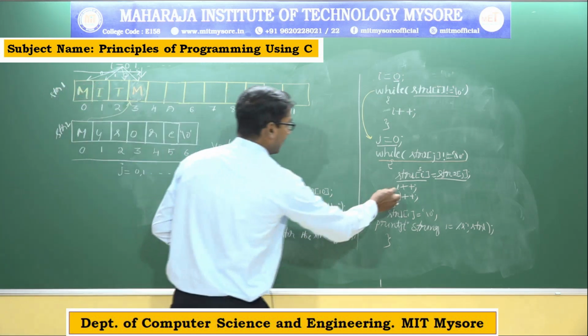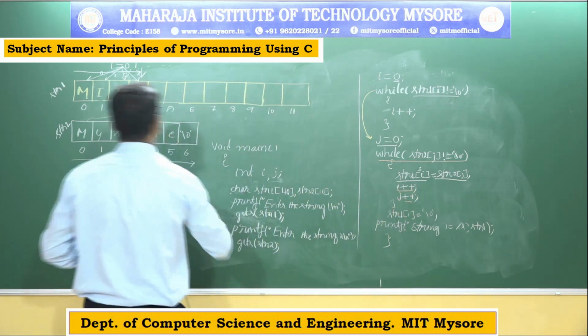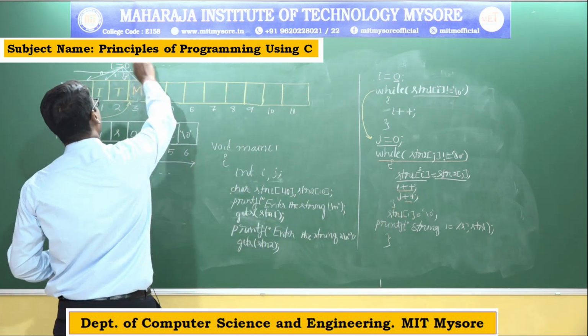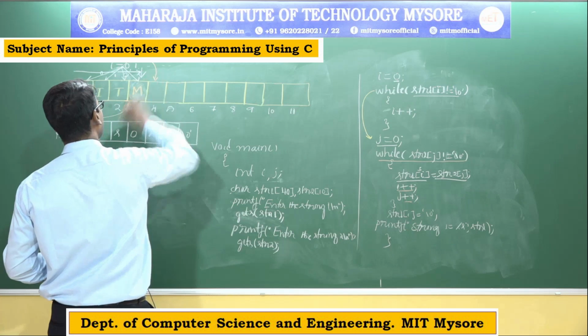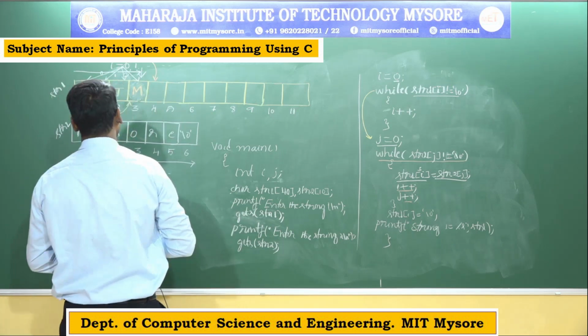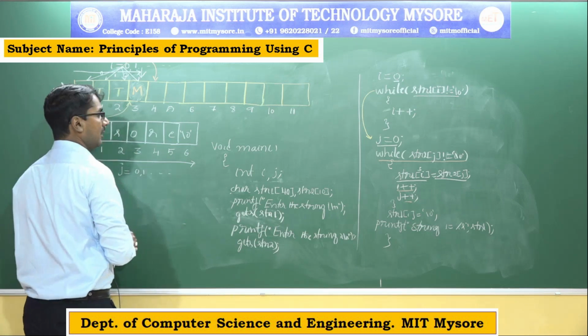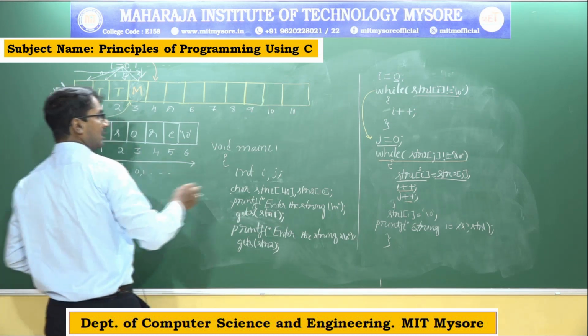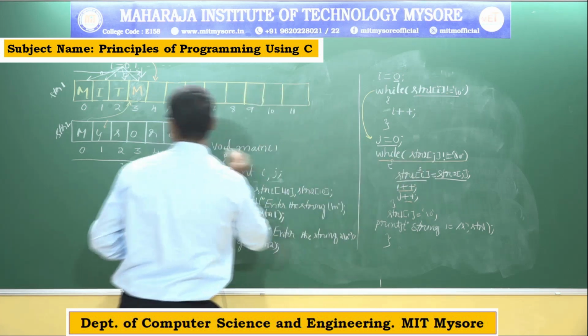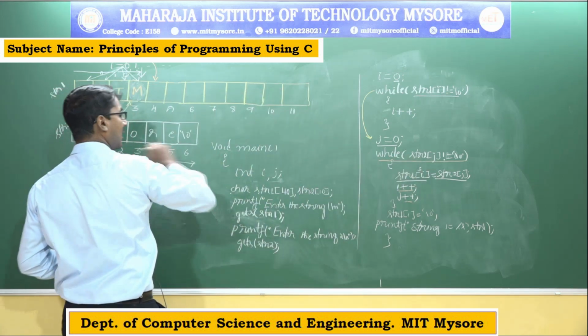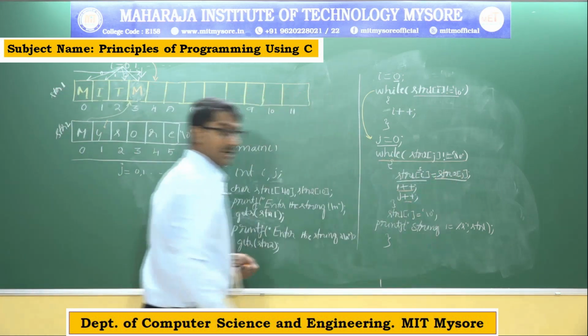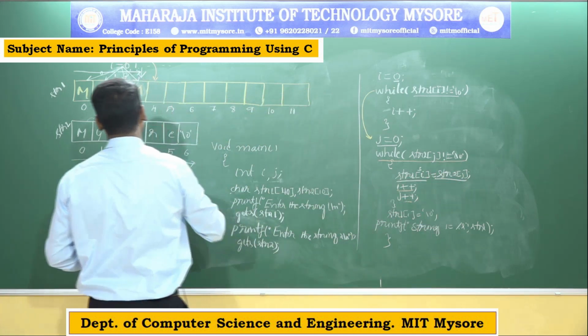Next, the I value is incremented and the j value is also incremented. Now the I value is pointing to the next location, and the j value is also pointing to the next location. Okay, the next location is 1. So str2 of 1 is y, not equal to null. Yes, the condition is satisfied.